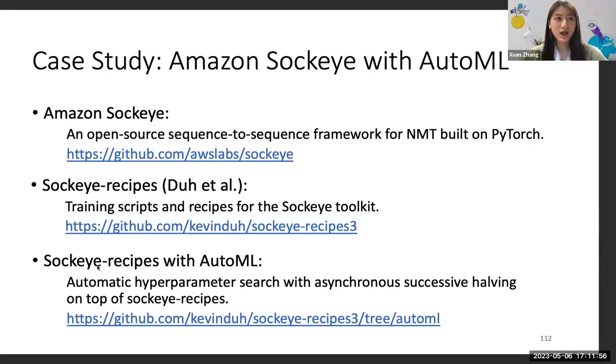You can find these Sakai recipes with AutoML support on GitHub. In this case study, we implemented an automatic hyperparameter search using asynchronous successive halving on top of Sakai recipes.